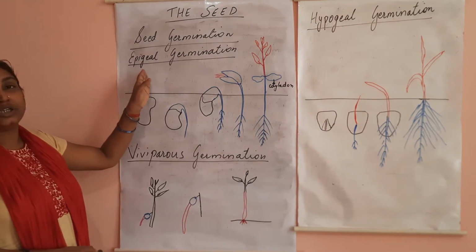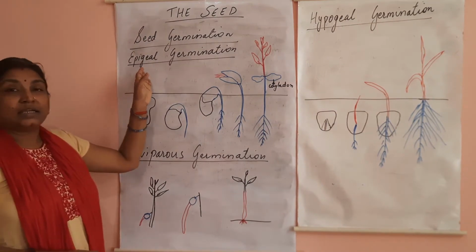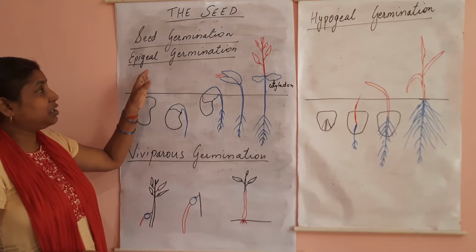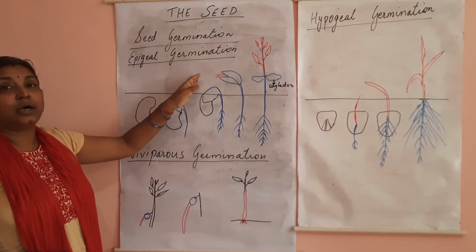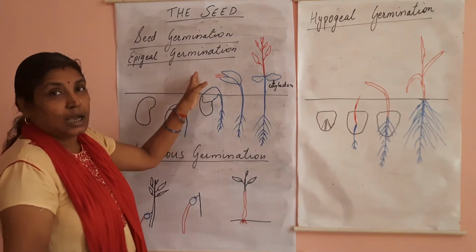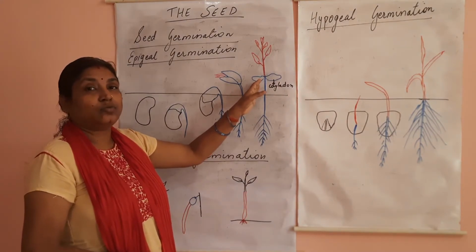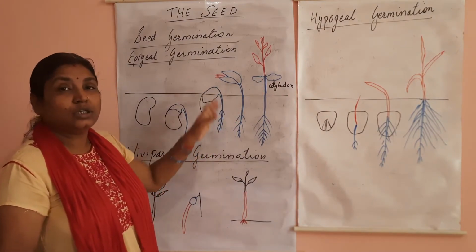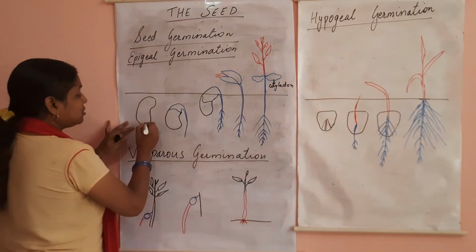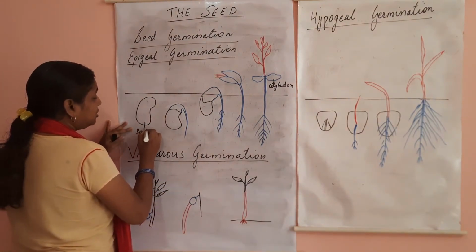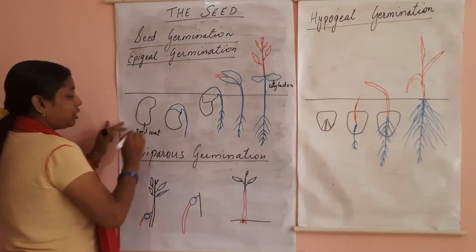Beginning with apical germination. As I said, in apical germination, the cotyledon is lifted above the soil and becomes the first seed leaf to carry out photosynthesis. Now how does this happen? This is your seed pod. The seed sown in the soil.